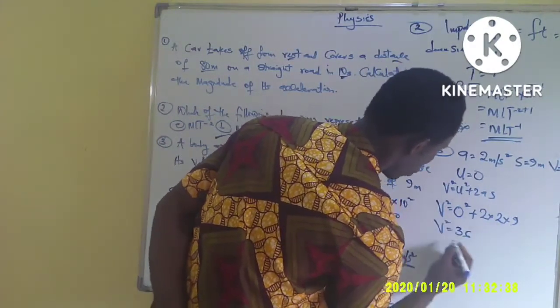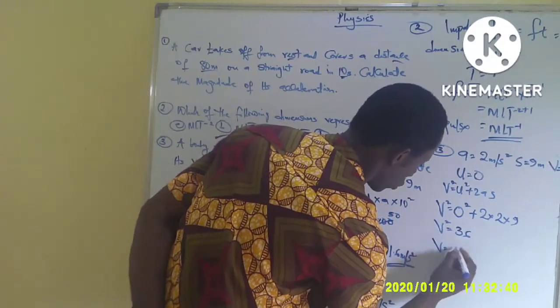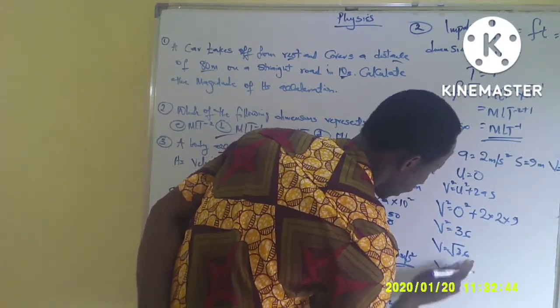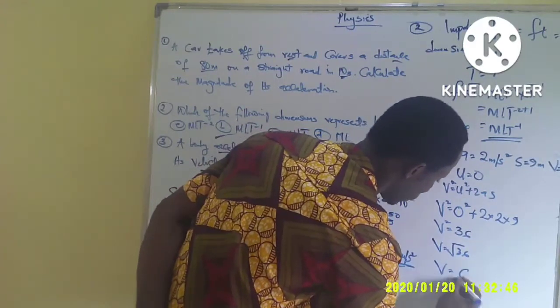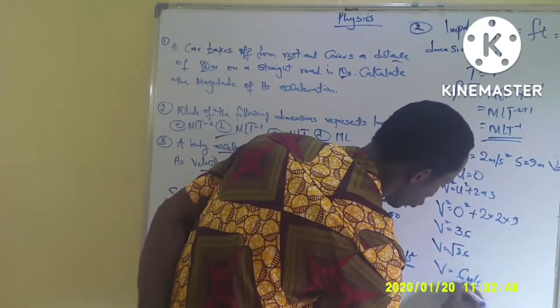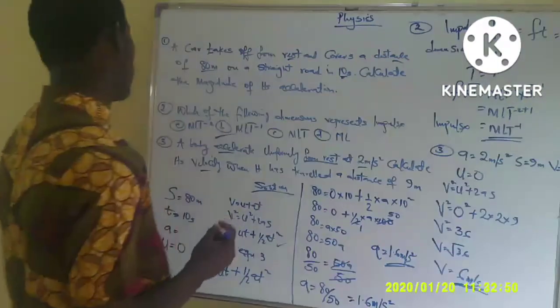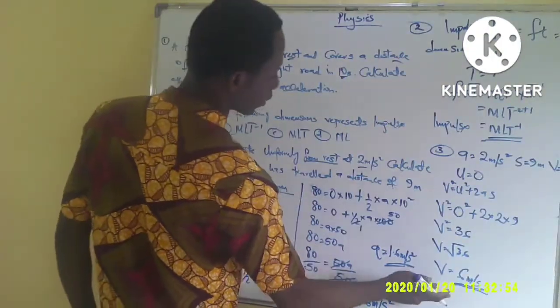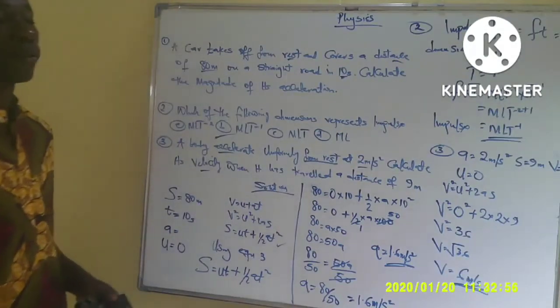When you take the square root of both sides, v is equal to the square root of 36. Square root of 36 gives us 6 meters per second. So the velocity, when it has traveled a distance of 9 meters, is 6 meters per second.